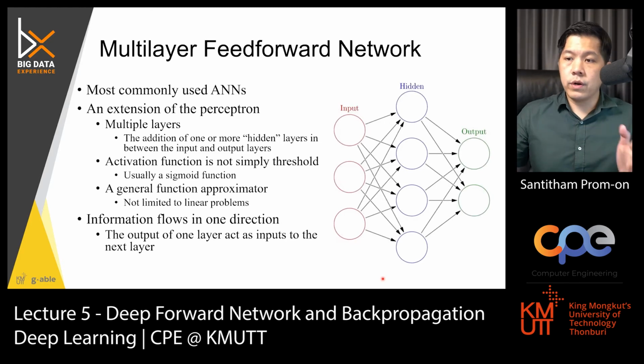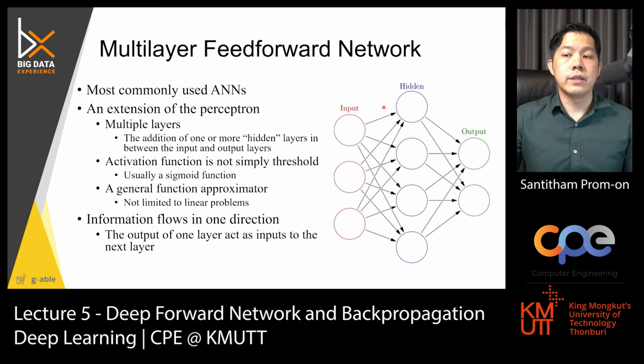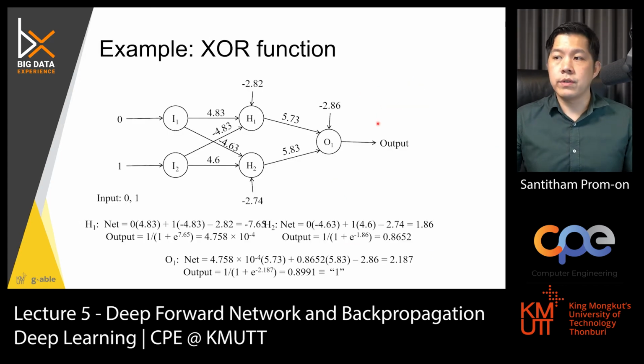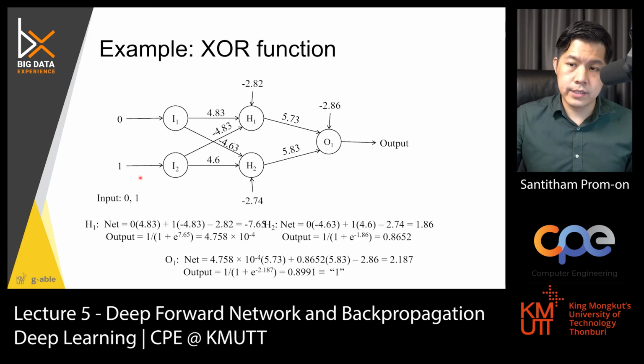But in the network, you can see that the flow of information has to propagate from output through the hidden layer and through the input. So in that sense, we need to compute forward and then compute backward. Right, this is just an example of how to compute forward. I already explained that. Suppose you have 0 and 1 like this.